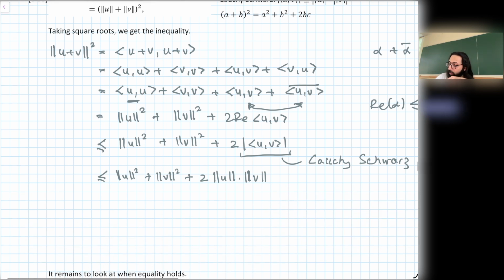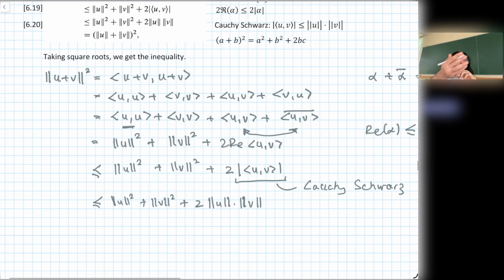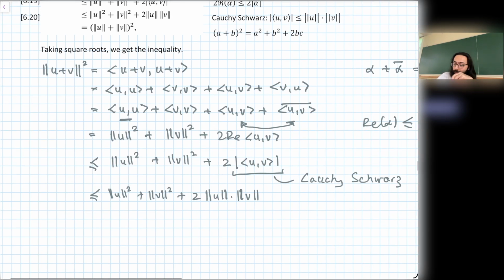So we have this, and now this is essentially our favorite: a plus b whole square is a square plus b square plus 2ab. So we complete the square, and this would give us the norm of u plus the norm of v, whole square.